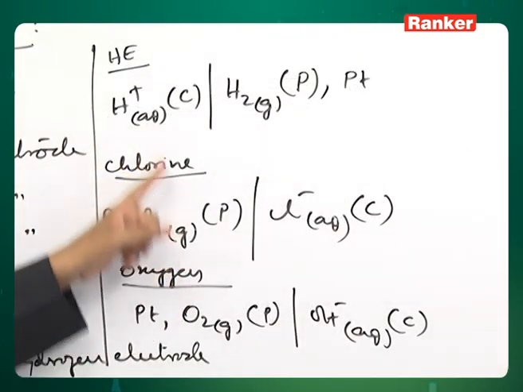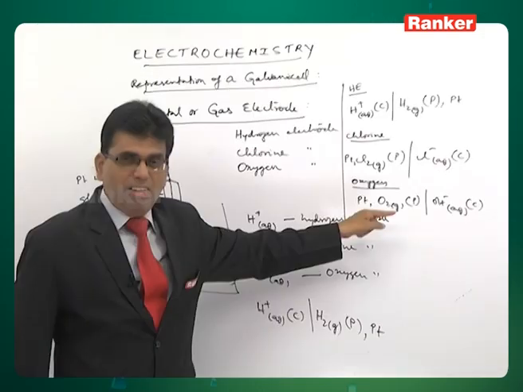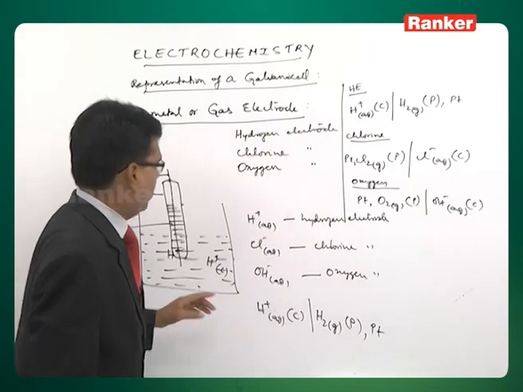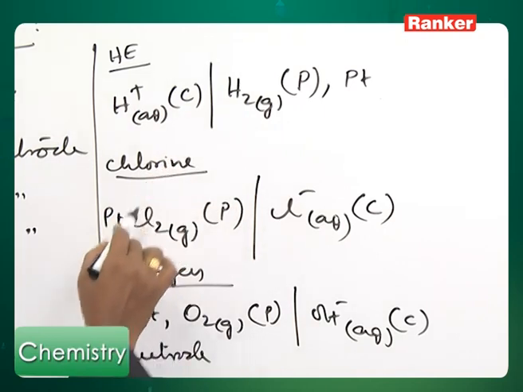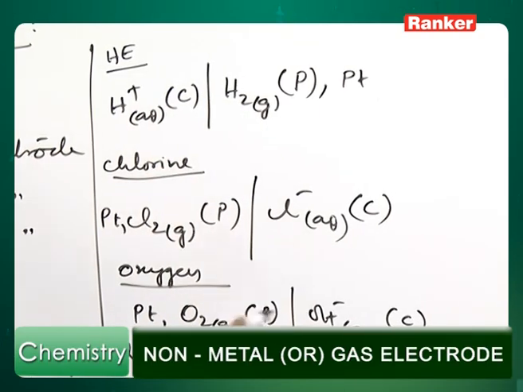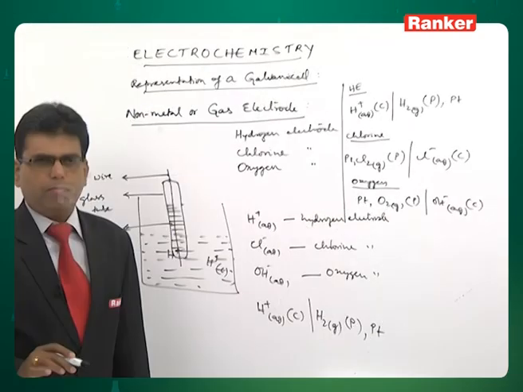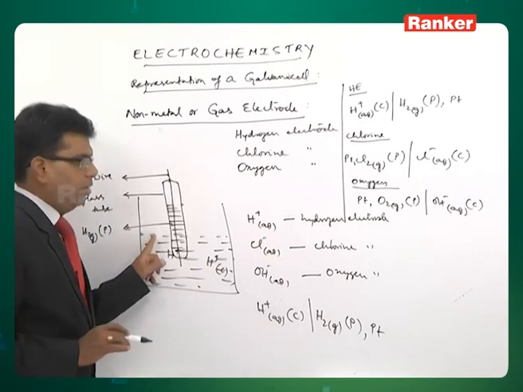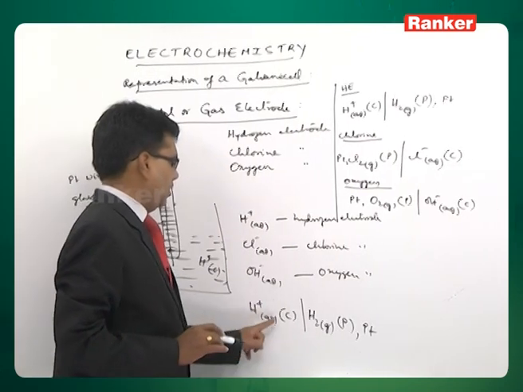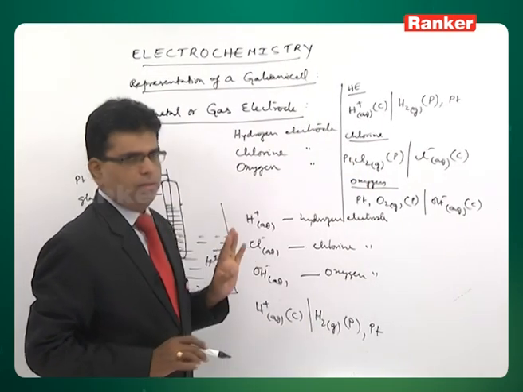So, this is a half cell representation for a gas electrode, and the reactions are H plus reduced to H2, chlorine reduced to chloride, oxygen reduced to hydroxide. This is the half cell notation, and these are the representations.